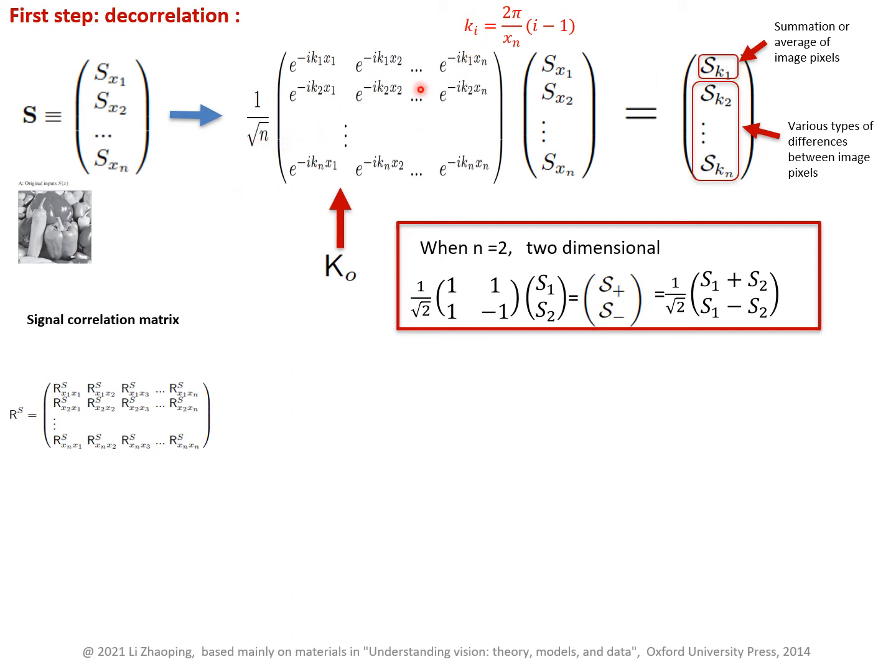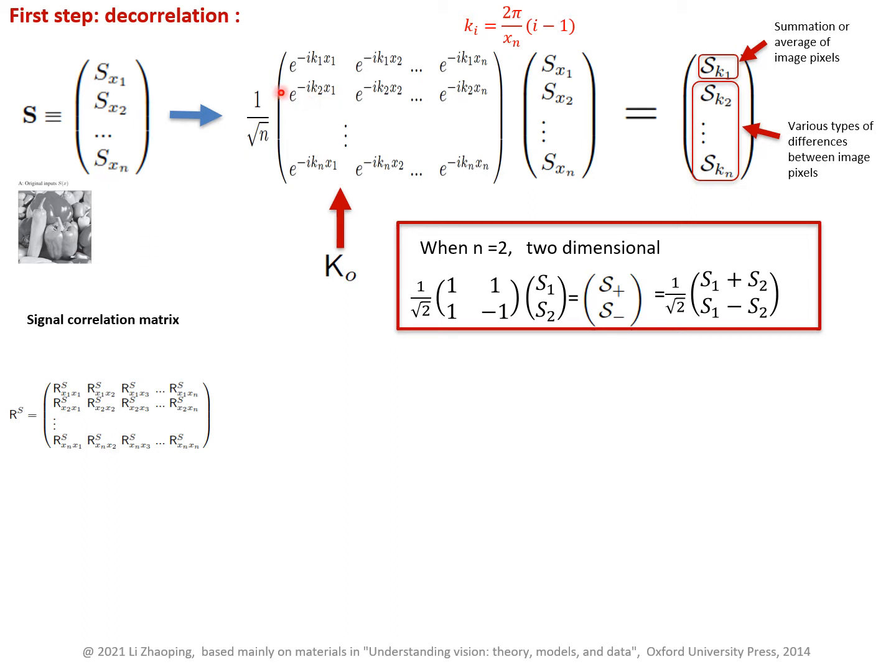Now for the second row, this K2 is no longer equal to 0. It's a small number, such that across the spatial extent from X1 to Xn, it just has one whole wavelength, extending over the whole image once.